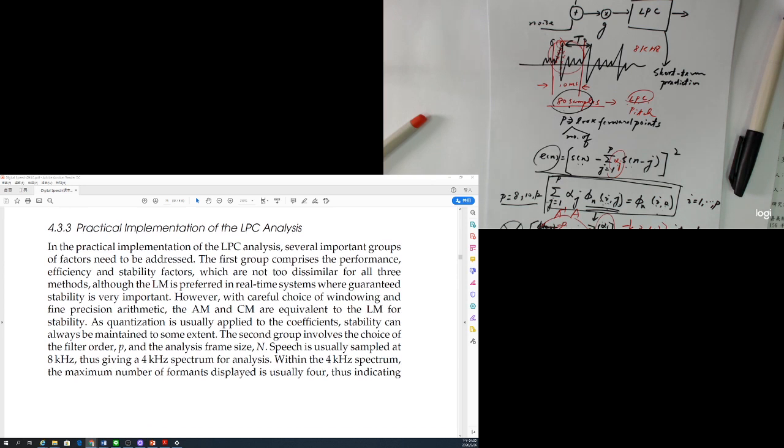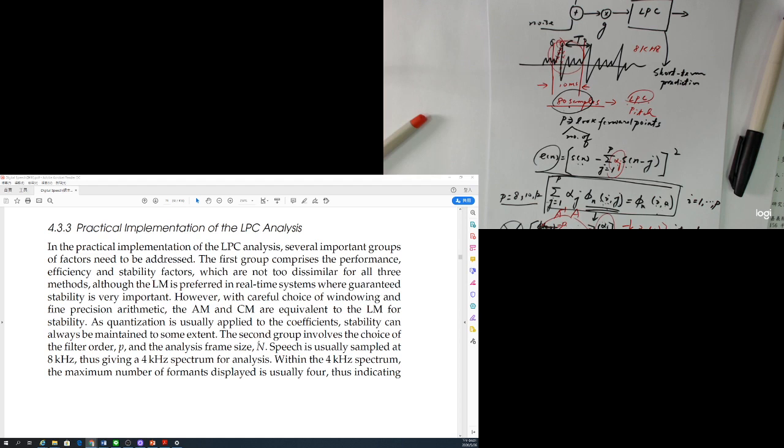So the second group involves the choice of how to choose your order P. What P will be a good order? Another one is your analysis frame. In the past, we talked about windowing.